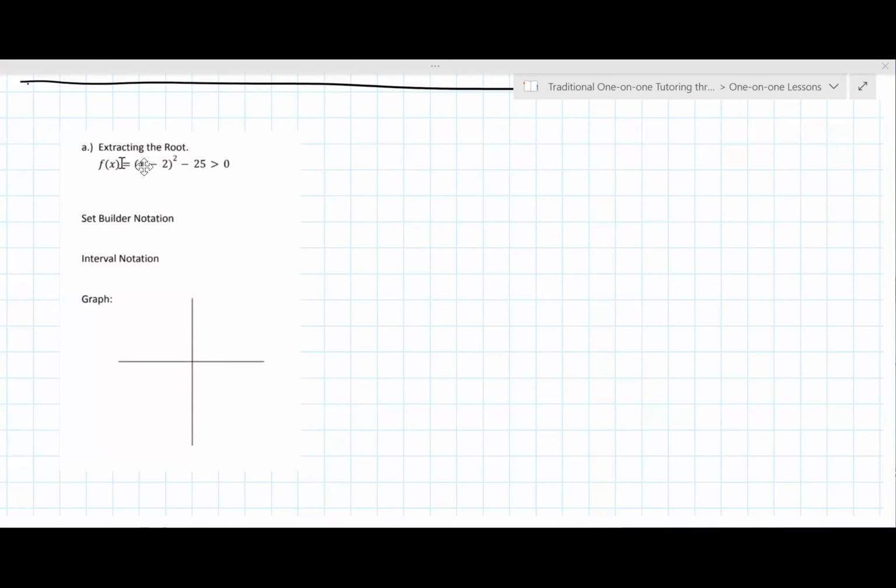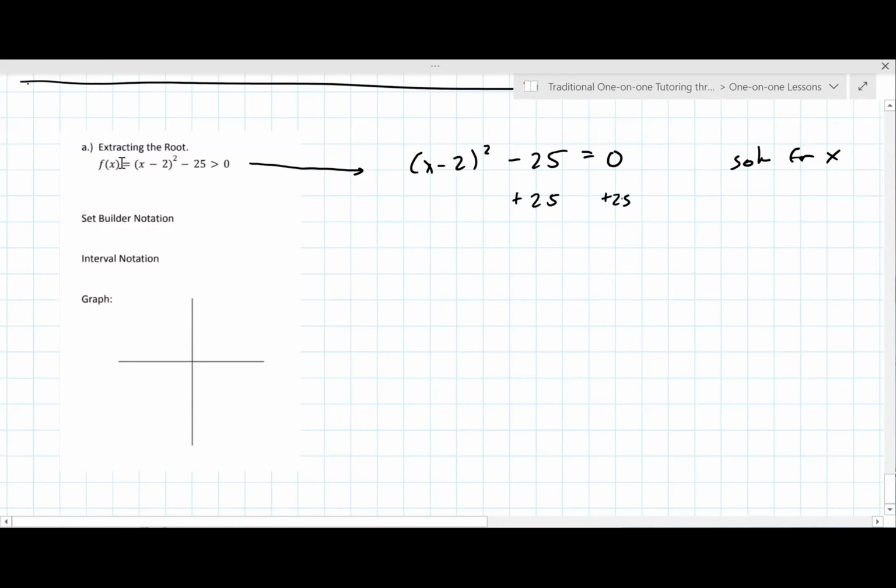We're going to first assume that this is an equal sign and just solve for x. First, you add 25 to both sides. That gives you x minus 2 squared equals 25.